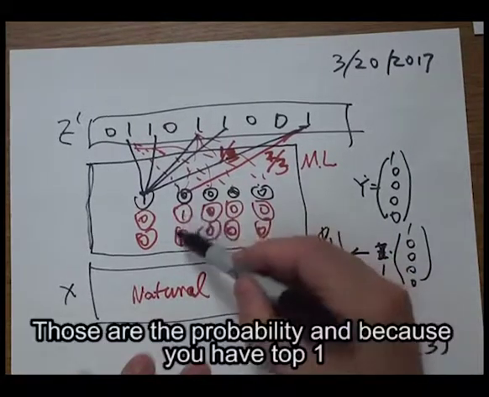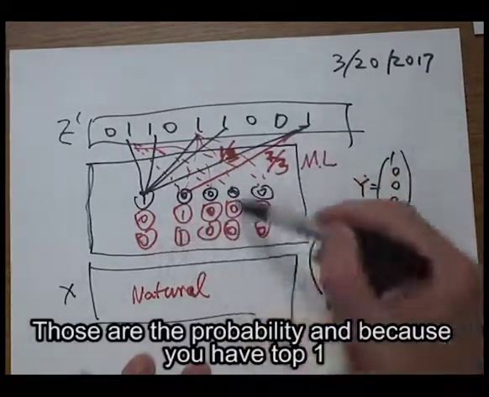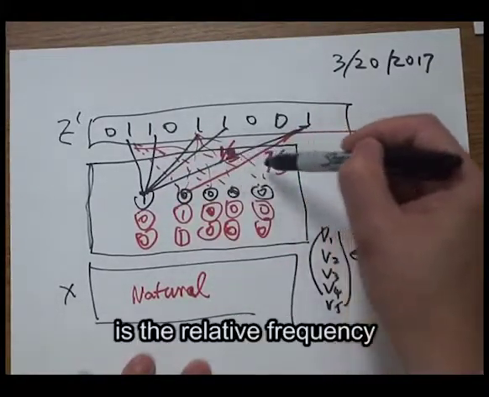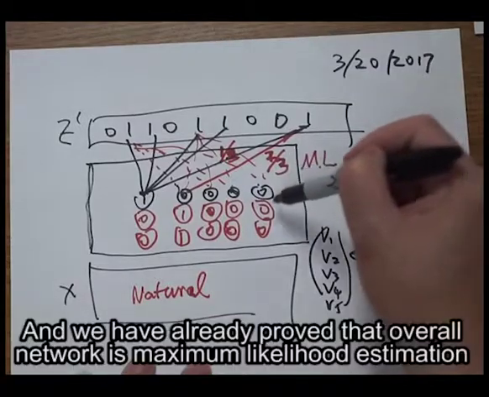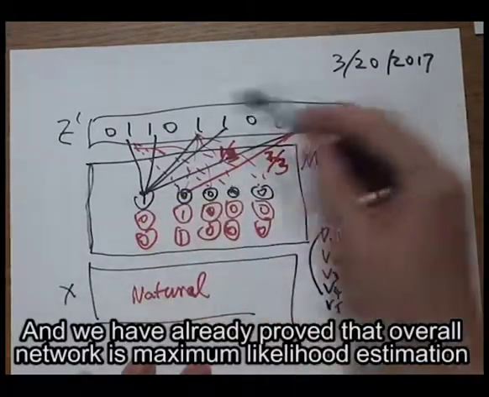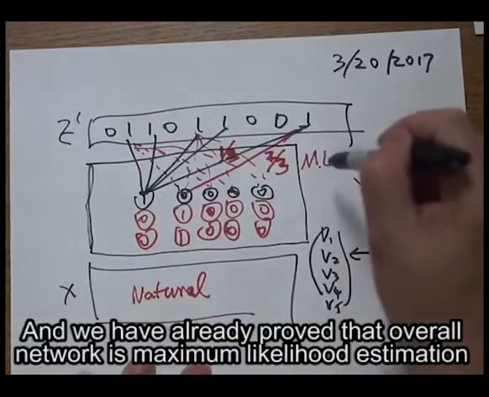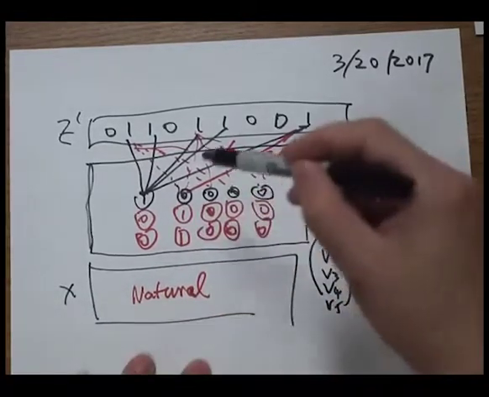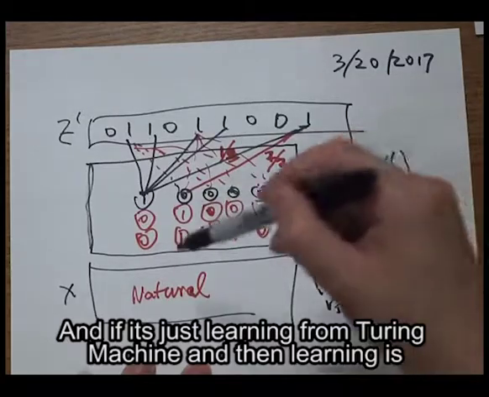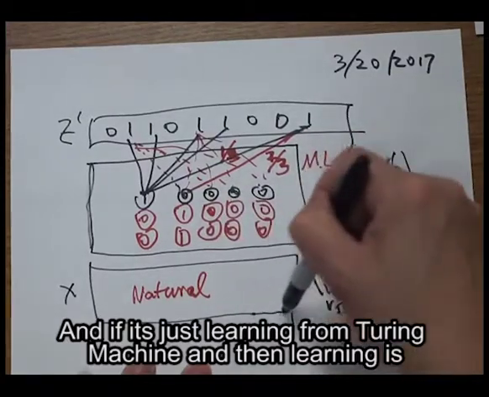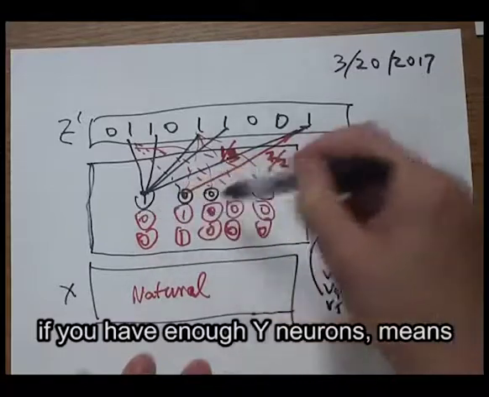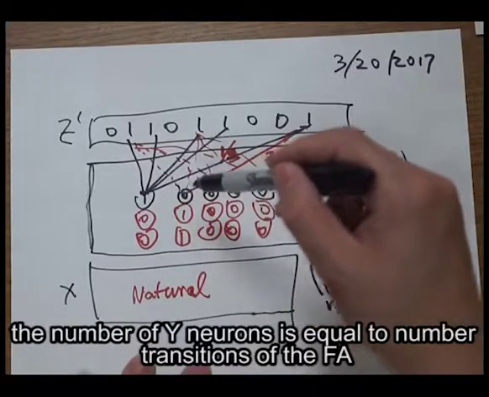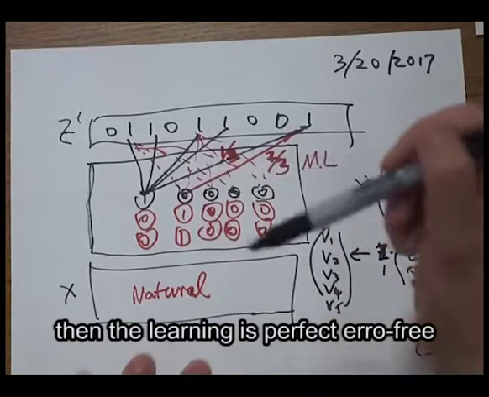Those are the probabilities, and because you have top 1, then for the Z neuron the bottom-up weight is relative frequency, and we have already proved that the overall network is maximum likelihood estimation if the input is natural. And if it's just learning from a Turing machine, then if you have enough Y neurons, meaning the number of Y neurons is equal to the number of transitions of the FA, then the learning is perfect and error-free.